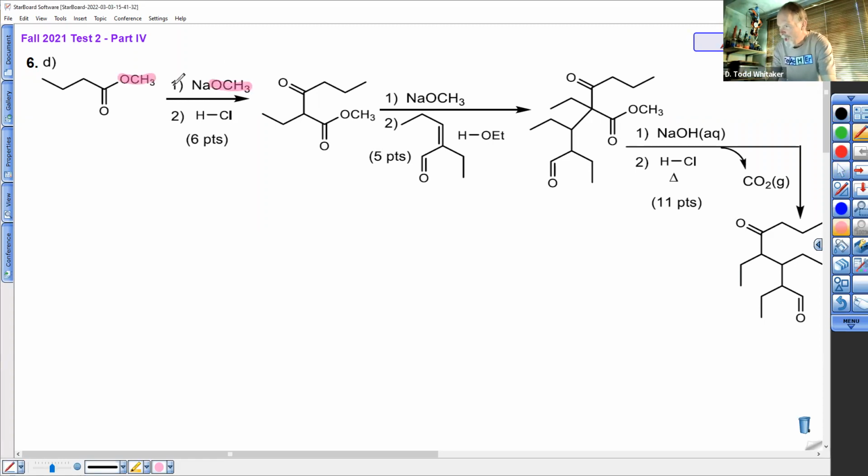That thing with the 1 is a strong base, and the strong base matches the leaving group here. I never mentioned why that's necessary. I just mentioned that it was a good visual to trigger your memory that this is a Claisen condensation. And it's a simple Claisen because there's only one reactant.